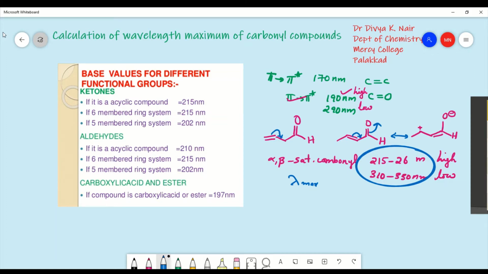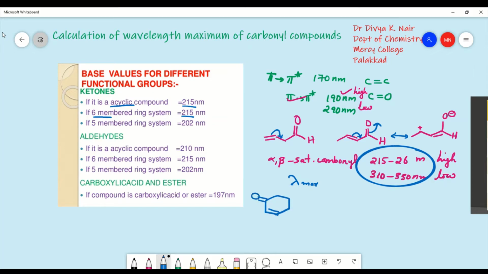In the case of ketones, acyclic compounds, that means this type of compounds are not cyclic, or six-membered ring system, both will be having a basic value of 215 nanometer. So acyclic means this type, and six-membered means like this.